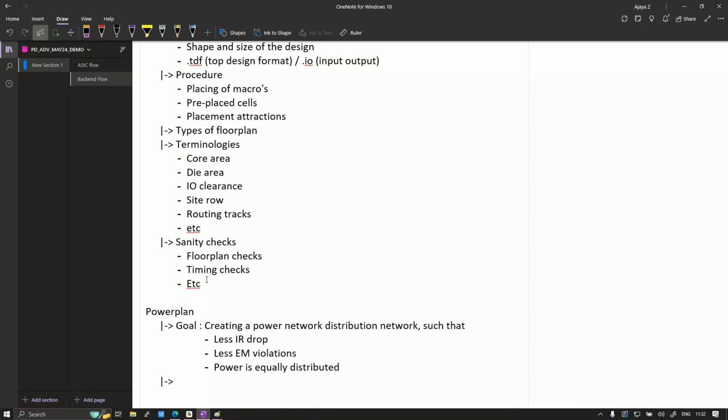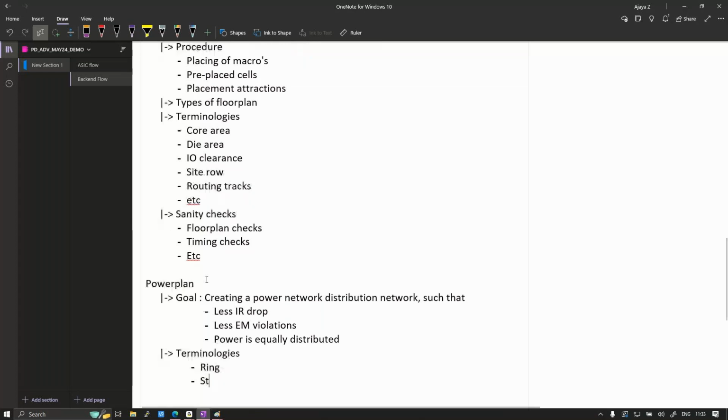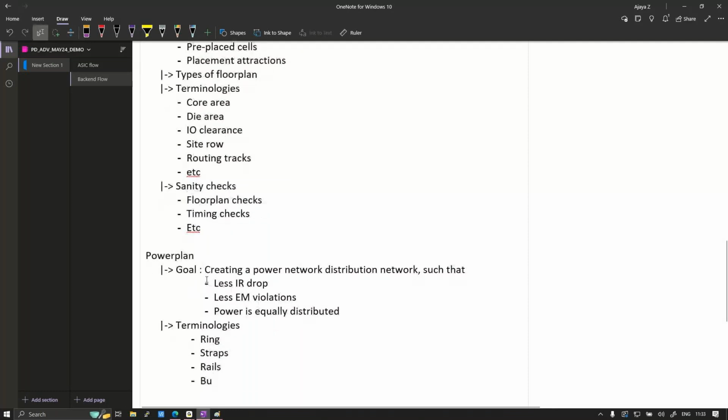In this, we will be discussing terminologies and flows, and how those particular fixes can be done. That is rings, straps or stripes, rails, bumps, trunks.